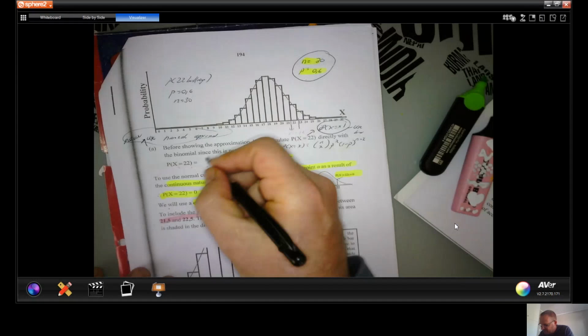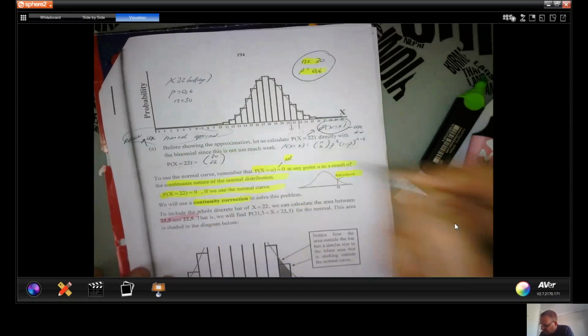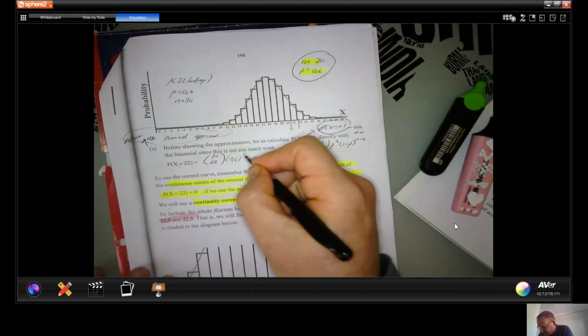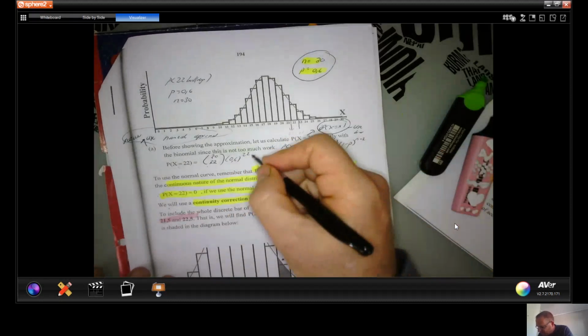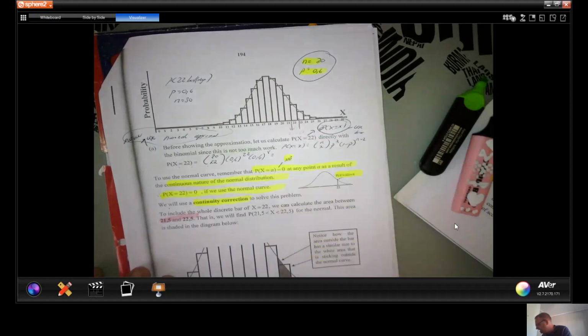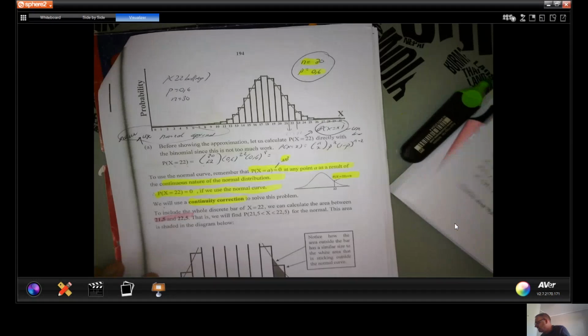Okay, so we're going to have n is 30, 22, p is equal to 0.6, x is 22, 1 minus p is 0.4, 30 minus 22 is 8. And you're going to put that into your calculator. Okay, and I'm just going to cheat quickly and have a look. And you should get an answer of, where were we?